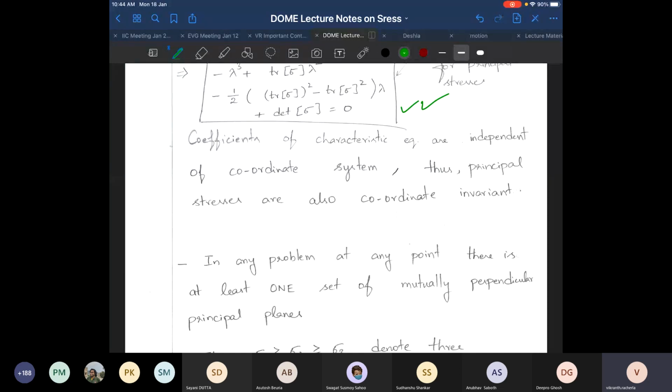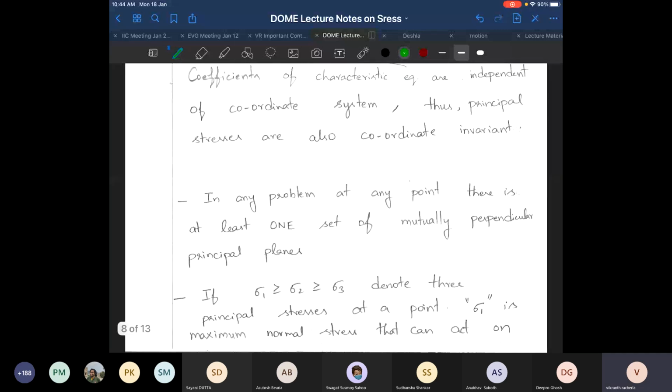Even though both are invariants, which would be easier to work with? Principal stresses relations are simpler, but they will be difficult to work with because you have to solve the characteristic equation to get the principal stresses, whereas the other invariants can be obtained directly in terms of the stress matrix.